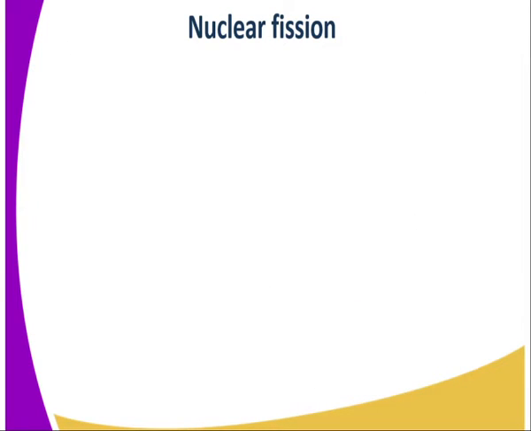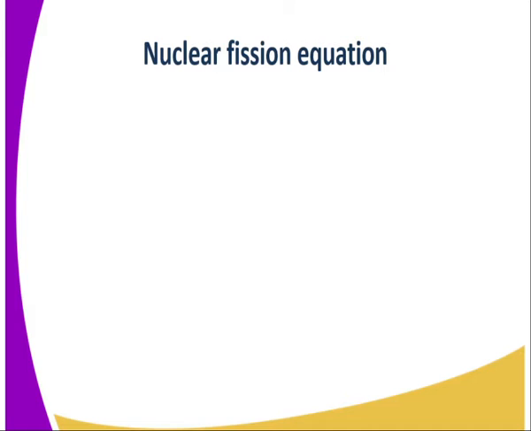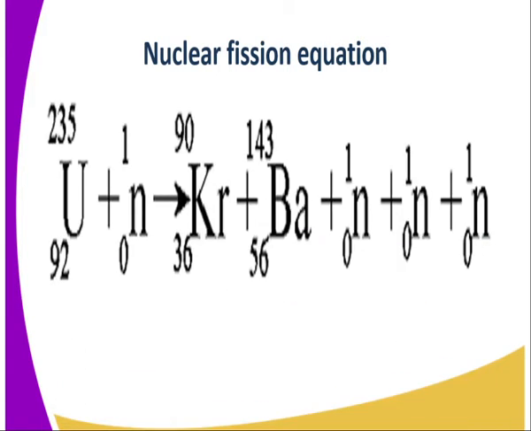So how do we illustrate a nuclear reaction, that is, the equation for the fission? We take an example of uranium 235. When it is bombarded by a fast moving neutron, it gives us two new nuclides, and we have three neutrons produced, as illustrated from this equation.